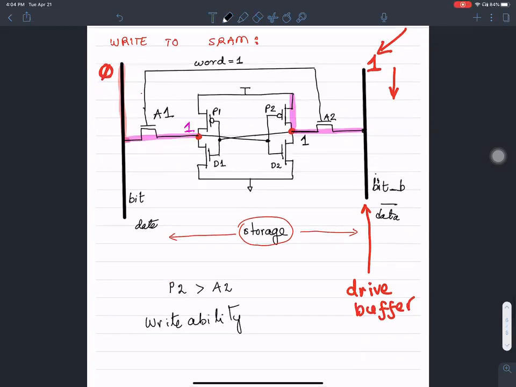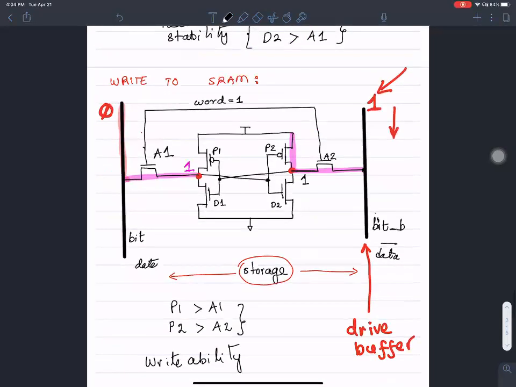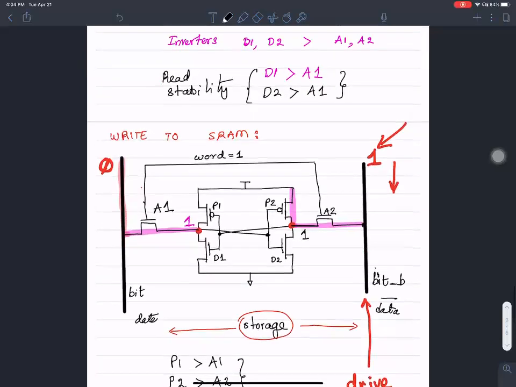The PMOS transistor P1 should be stronger than A1 for writability, and the NMOS transistors D1 and D2 should be stronger than A1 for read stability. This condition is called read stability, and the condition over here is called writability.